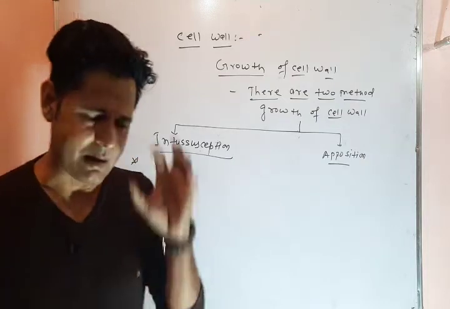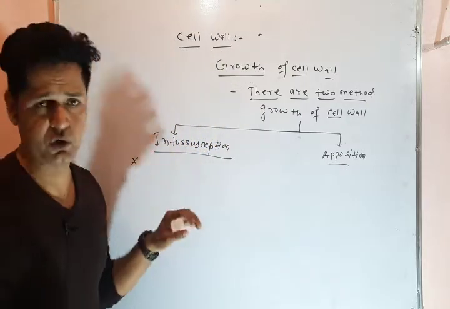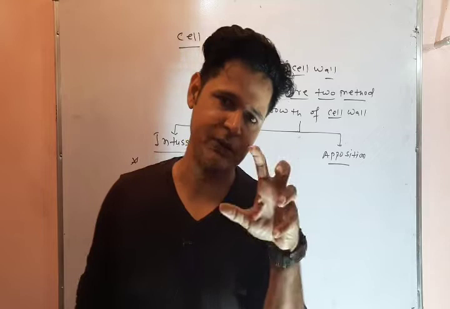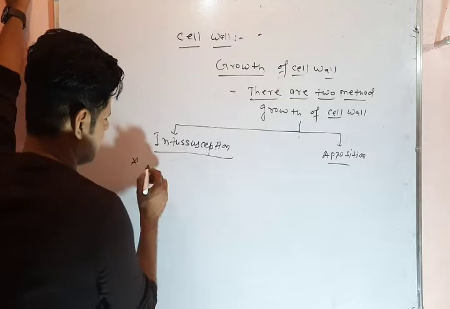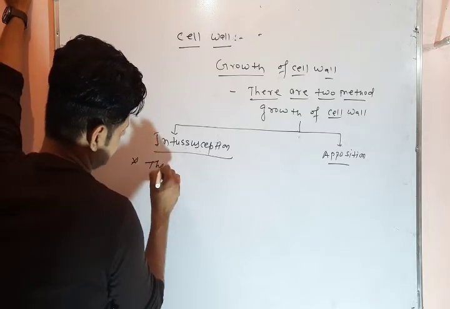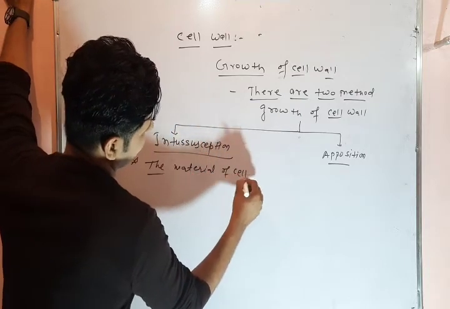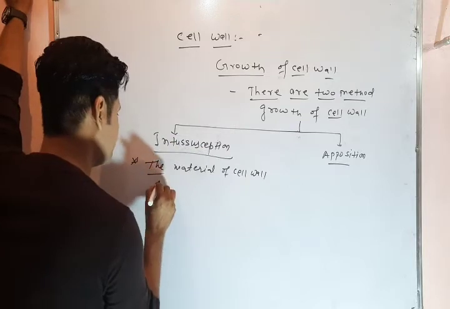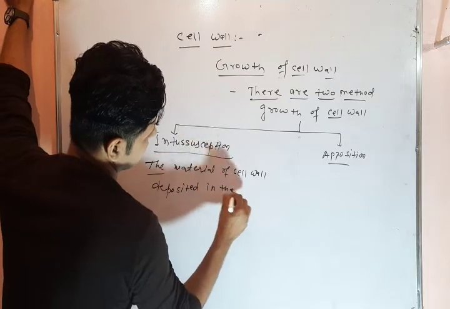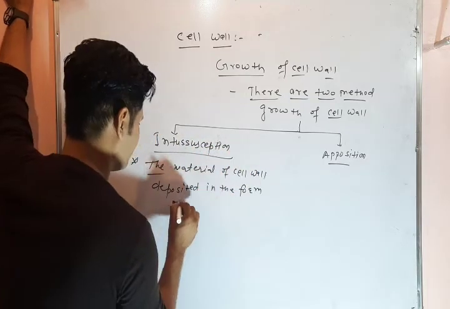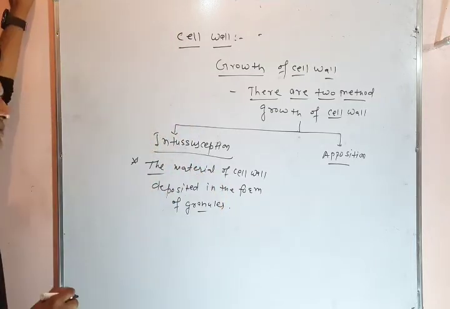When cell wall material like cellulose, hemicellulose and lignin are deposited in the form of granules, this type of growth is known as intussusception. So we can write that the material of the cell wall is deposited in the form of granules, known as intussusception.